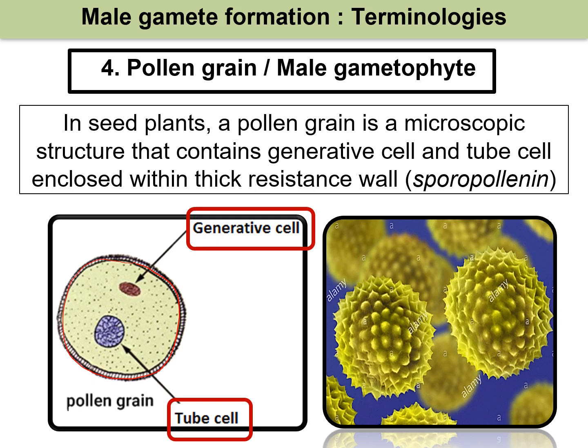Jadi nak melekat dengan agen pendebungaan untuk dia kemudian tersebar ke bunga lain ataupun ke female structure of another flower. Jadi bila dia melekat dan kemudian dia akan jatuh di atas stigma. So for them to be able to stick on their pollinator, they need to have a structure that helps them stick on the pollinator.